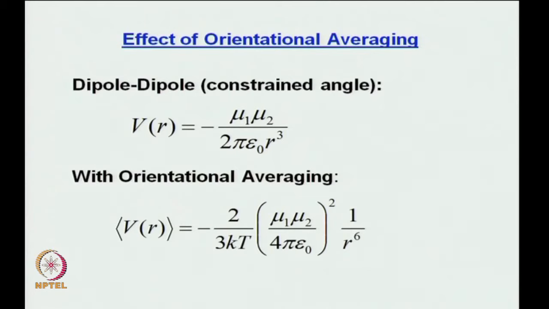Now, because it is a dipole, that charge is being replaced by the dipole moment. So this is now 1 by r cubed, not 1 by r squared, and obviously with orientational averaging, as happened last time, it goes to 1 by r to the power 6.